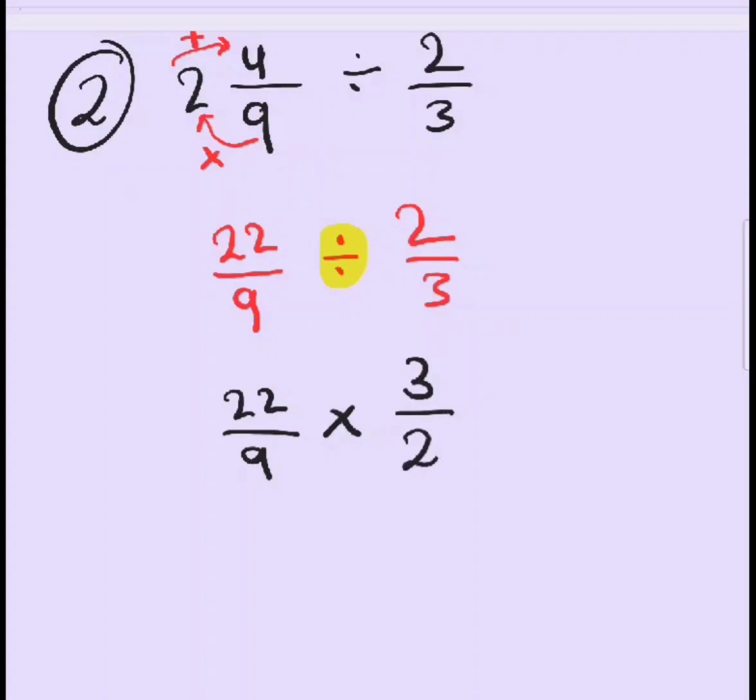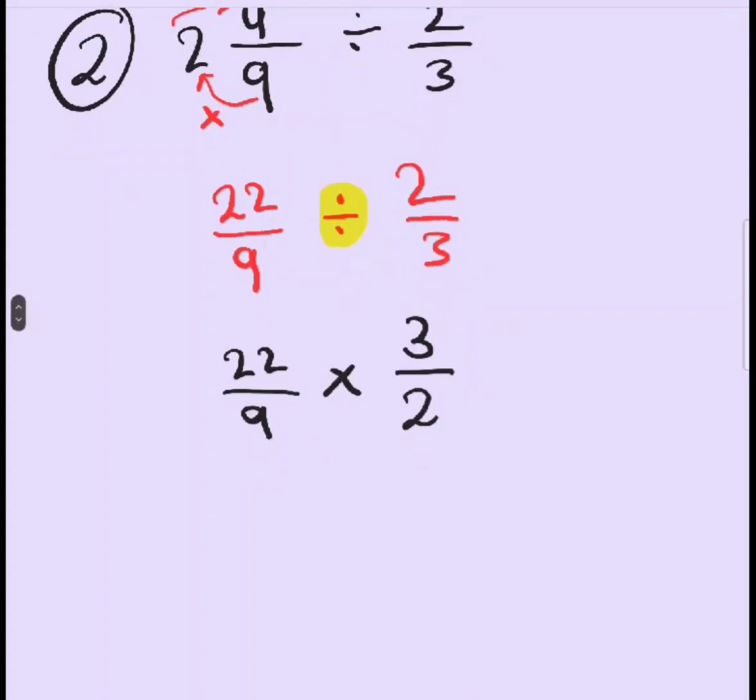And now we're ready to multiply straight across. So we can look for any cancellation opportunities here as far as simplifying this problem before we multiply straight across, and we do.